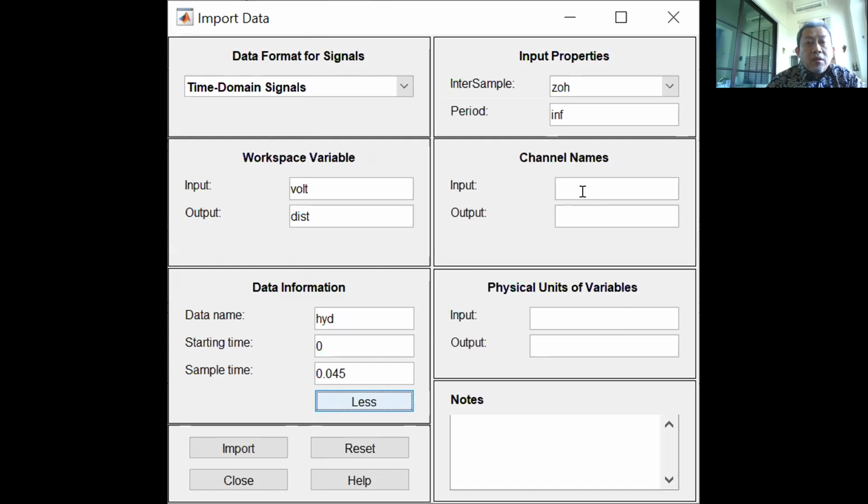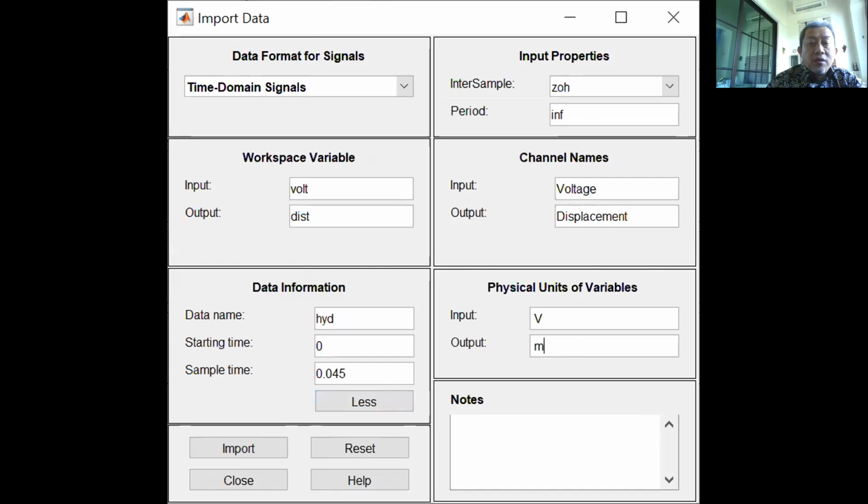Dan kita letak sini input signal dia adalah voltage, VOLT, and the output is the displacement. Unit V, capital V bukan small v.